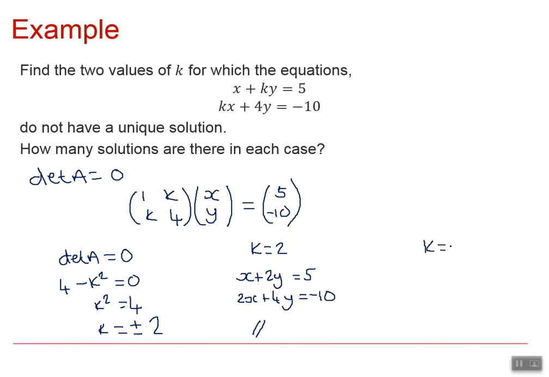If we have k equals minus 2, we have x minus 2y equals 5, and minus 2x plus 4y equals minus 10. You can see here that the second equation is just a multiple of the first one. So they must have multiple solutions, so they are coincident lines.